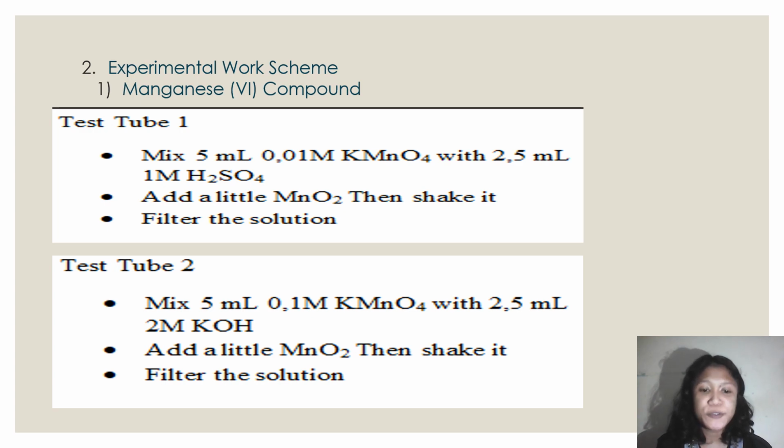Test tube 2: first, mix 5 ml potassium permanganate with 2.5 ml potassium hydroxide. Second, add a little mangan dioxide, then shake it. Finally, filter the solution.